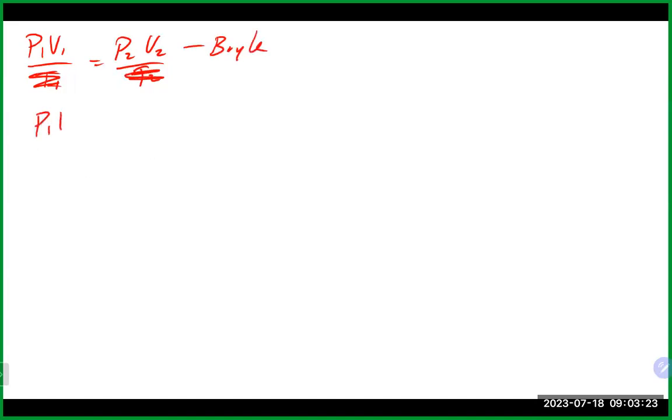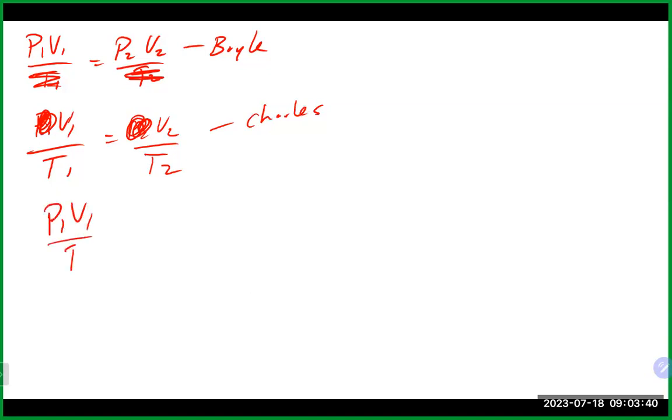If we take P1 V1 over T1, P2 V2 over T2, and perhaps we are not given pressures, but we're given volumes and temperatures, you scratch out the pressures and there's Charles' law. If we have P1 V1 over T1 equals P2 V2 over T2, and we're not given volumes, but we are given pressures, you scratch those guys out, and there's Gay-Lussac's law.